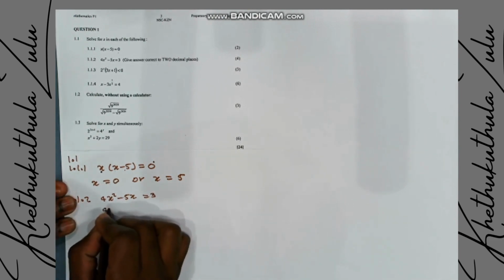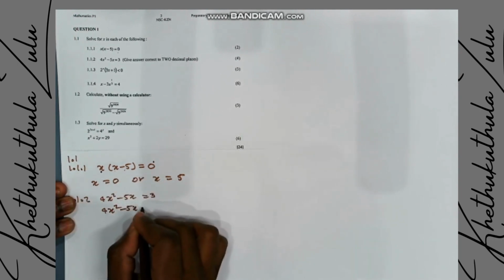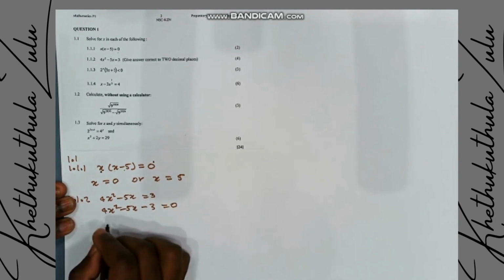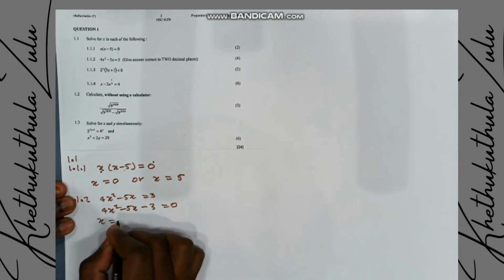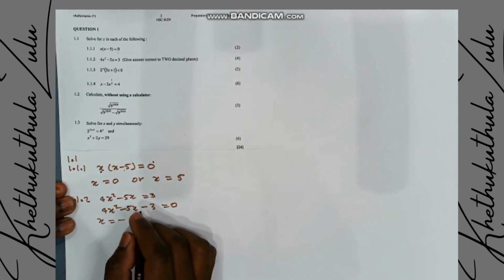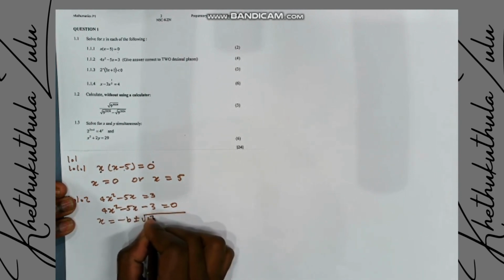So it's just 4x² - 5x, we take this 3 to the other side, then it's minus 3 is equal to 0. We write our equation, which is the quadratic formula, not Pythagoras.